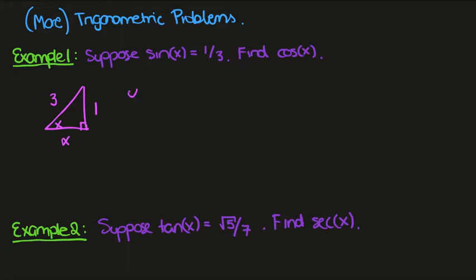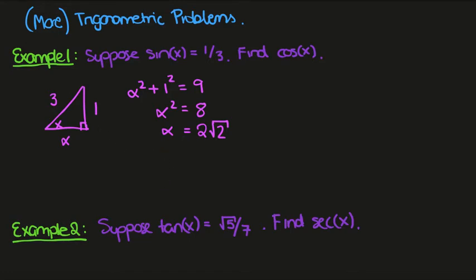To find alpha, we just use Pythagoras' theorem, which is alpha squared plus 1 squared is 3 squared, 3 squared being 9. So therefore alpha squared is 8 and alpha is 2√2. Of course you'd have a plus or minus, but we have a positive length.